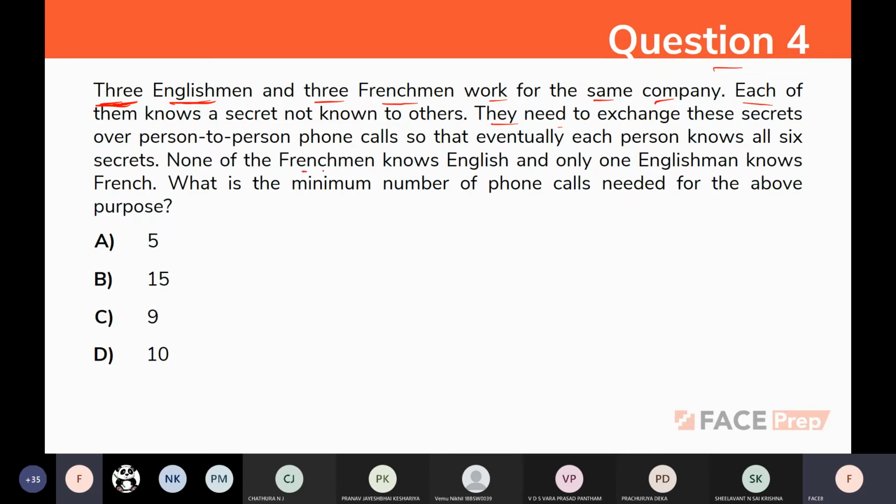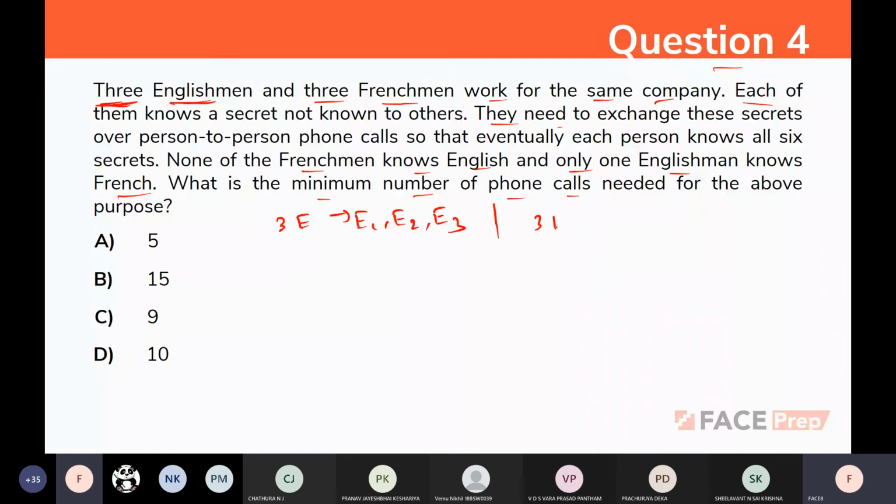None of the Frenchmen knows English and only one Englishman knows French. What is the minimum number of phone calls needed for the above purpose, to exchange all the secrets? That's the purpose. So let's consider there are 3 Englishmen, E1, E2, E3.